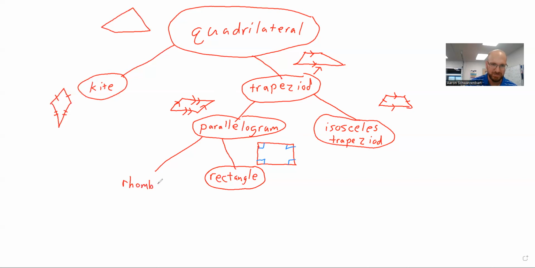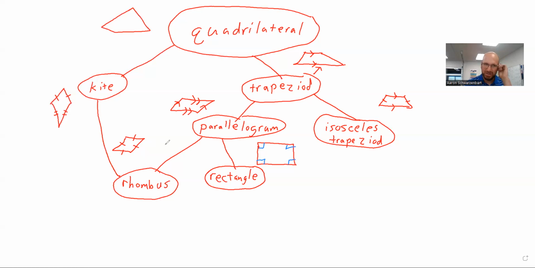And to the rhombus. A rhombus has four congruent sides. Well, those four congruent sides all happen to be two sets of parallel sides. Does this have two pairs of adjacent congruent sides like the kite? Yes, it does. So a rhombus is also a kite.